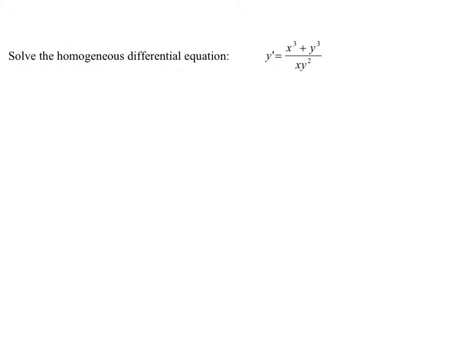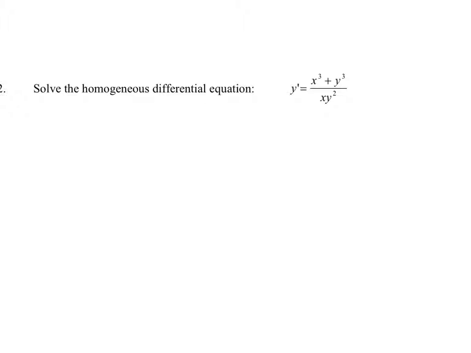All right, so this one, and this is more along the lines of what you'll be given. It's already given in a convenient form, so I don't have to solve for dy dx. I could perform my substitution right off the bat. So I know y is equal to vx, and dy dx, also the same as y prime in this context, would be v plus x dv dx.